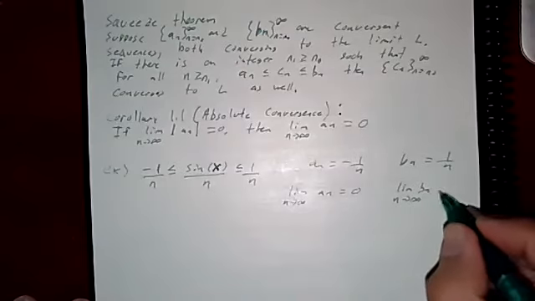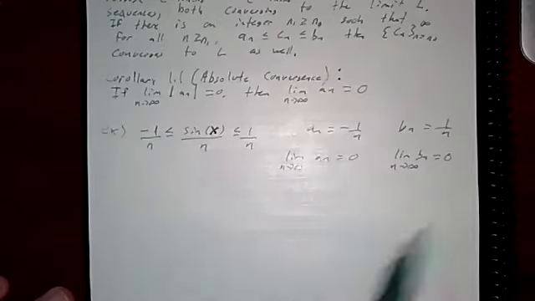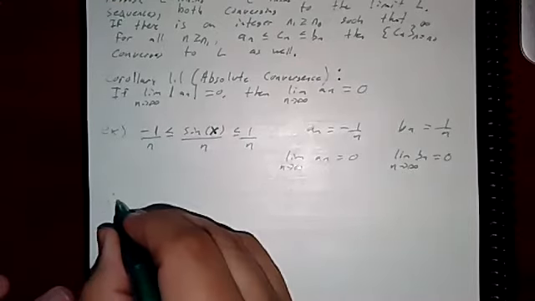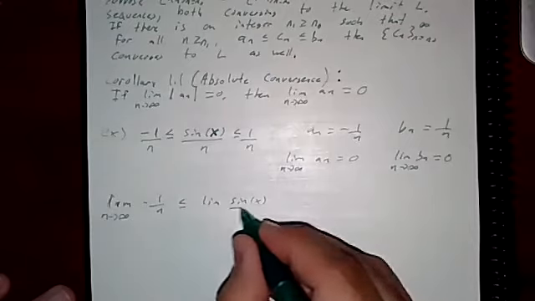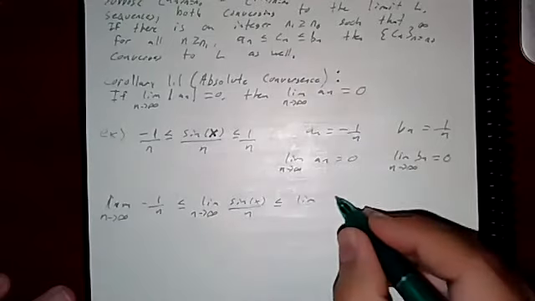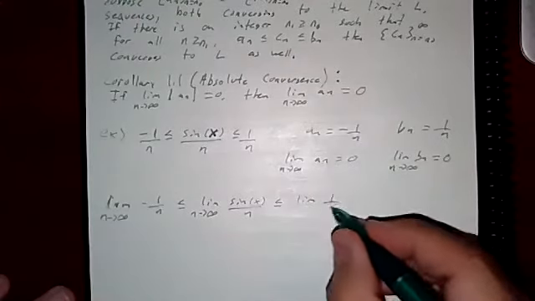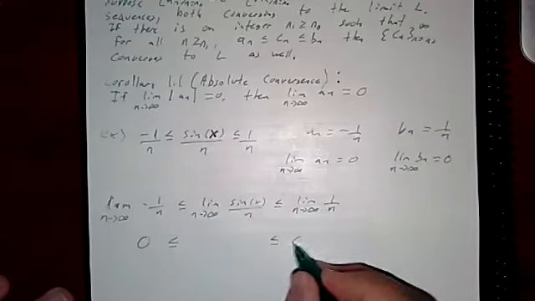Do you agree with that? Yes. So that means if I take the limit of all three pieces, then the limit of the middle one, even though I don't know what it is, is trapped between two limits that are 0.